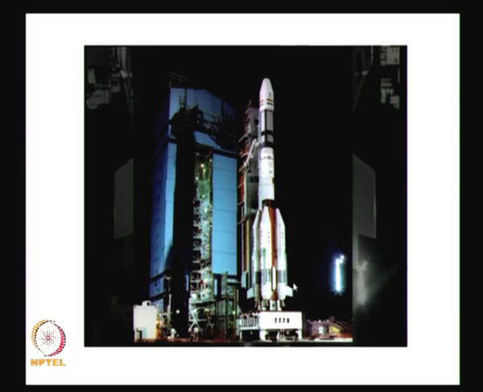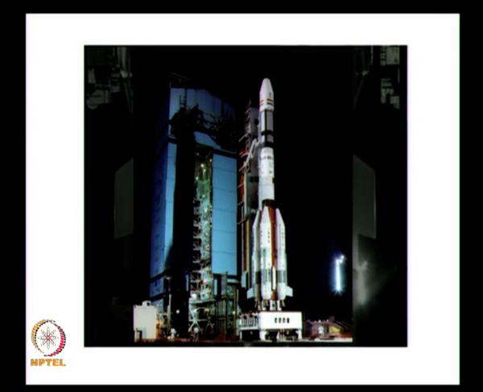First, these 4 straps are ignited. It gives you the thrust to take off. Immediately after takeoff, the core is also burning. Therefore, you have a huge thrust which pushes it. Then the second stage fires, then the third stage fires, and then you have the separation, as it were. And this is how a rocket functions.